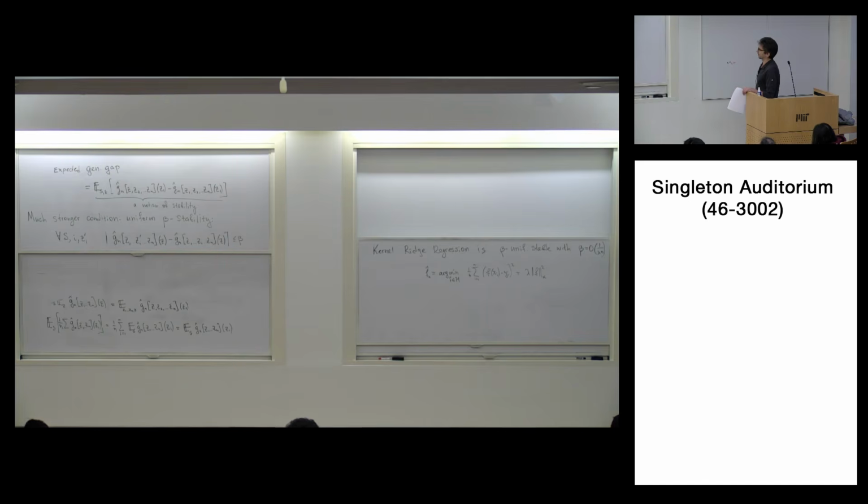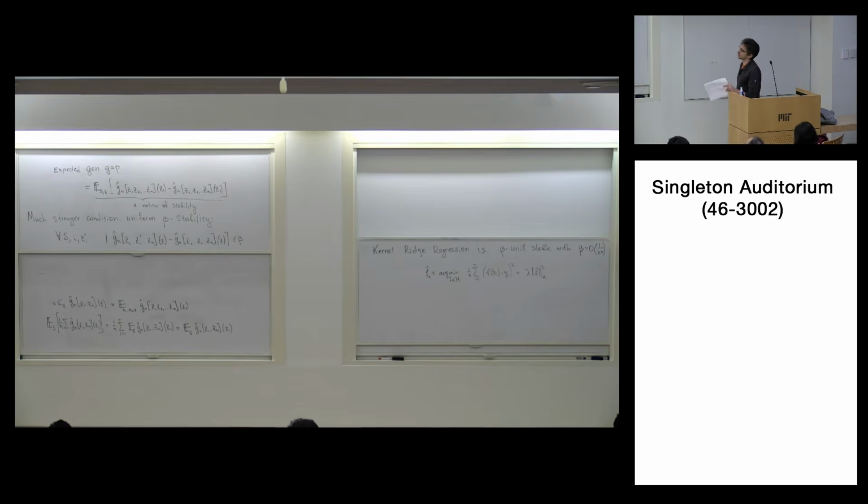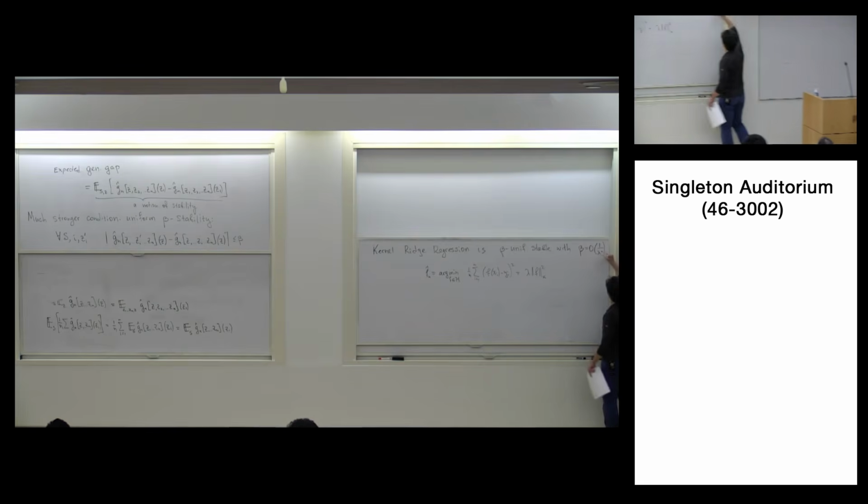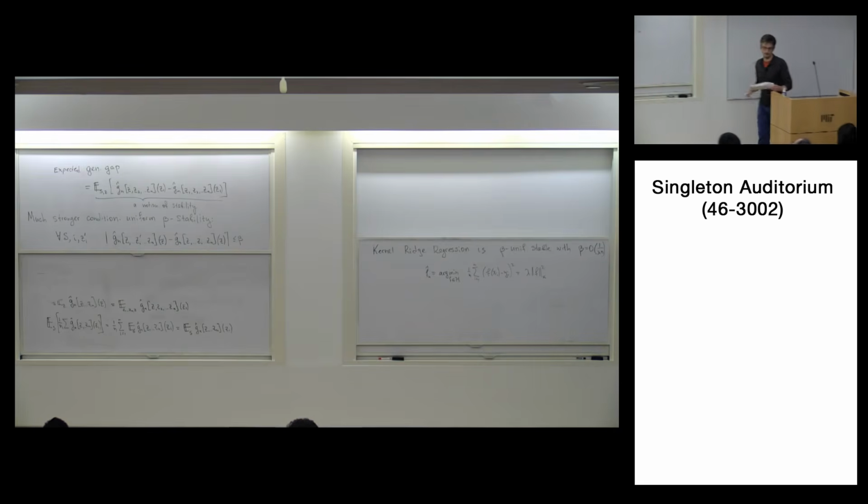Lorenzo covered this method from the algorithmic point of view, and now we want to understand if we can take a shortcut and prove the generalization gap. So it's 1 over lambda n.